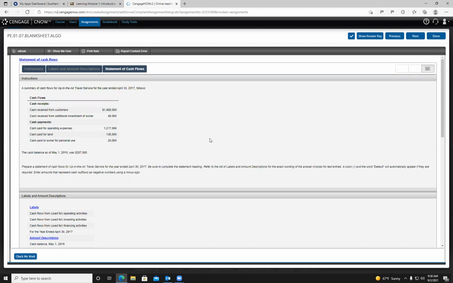We're going to take all the cash transactions, plug them in, and determine if they were an operating activity, a financing activity, or an investment activity.